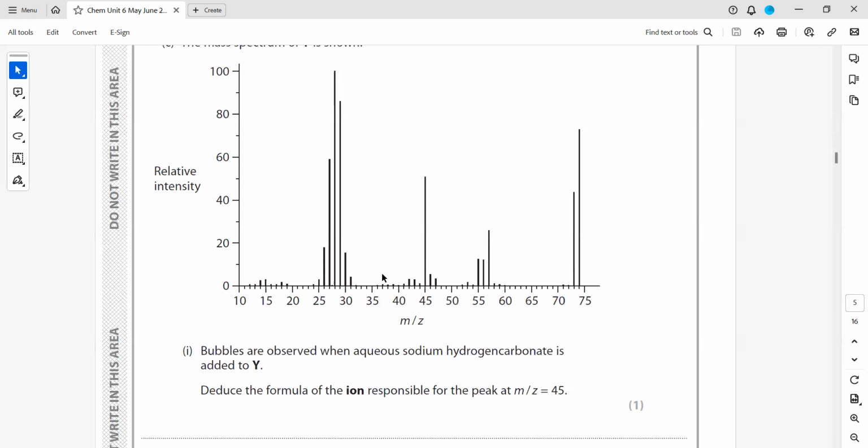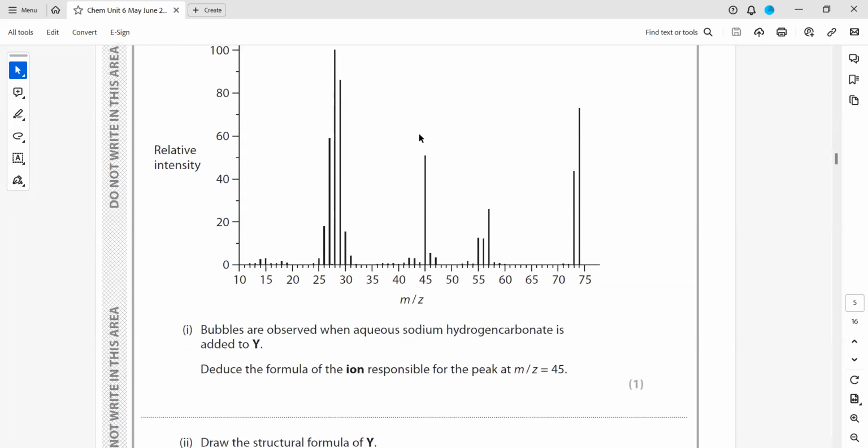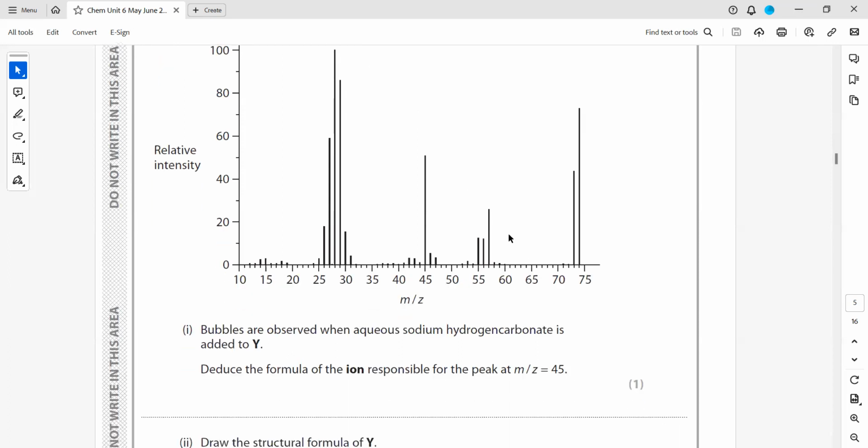Deduce the formula of the ion responsible for the peak at 45. Which molecule is responsible for giving a peak at 45?